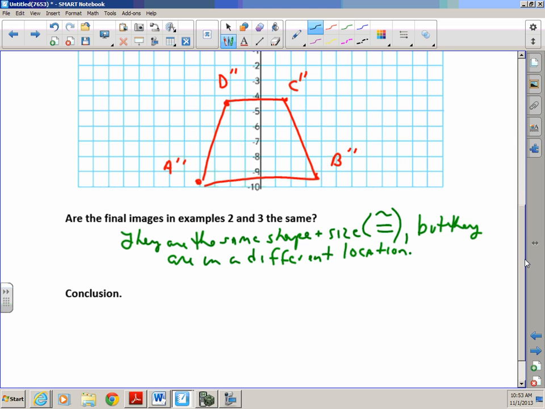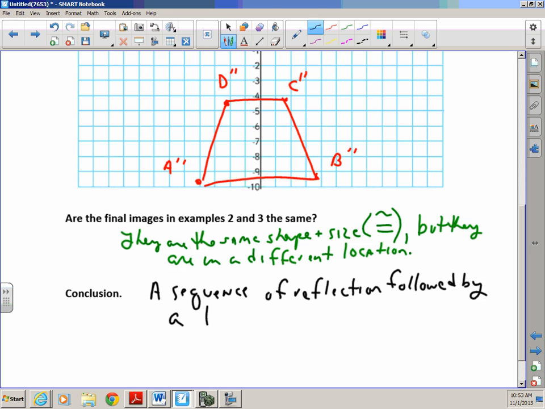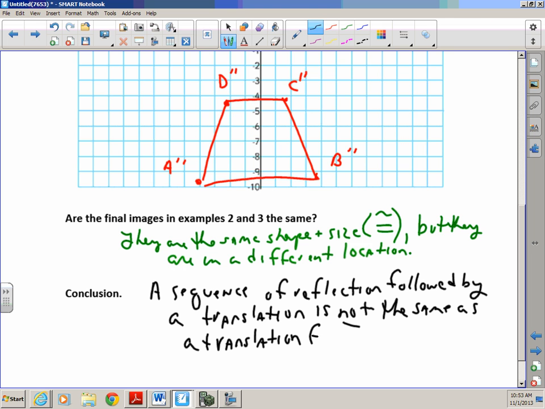The conclusion is a sequence of a reflection followed by a translation is not the same as a translation followed by a reflection.